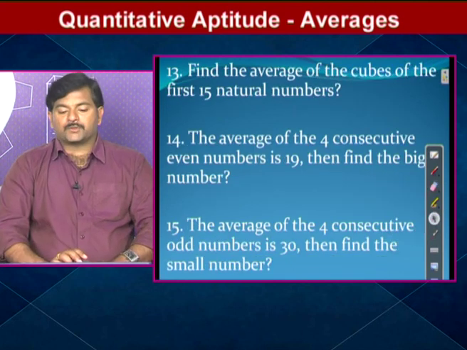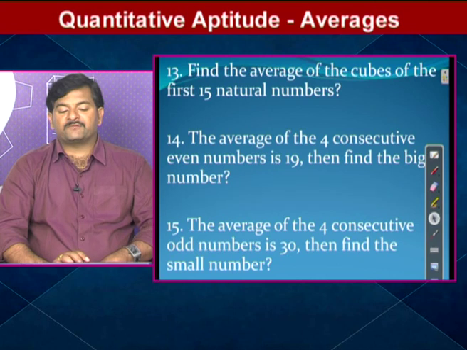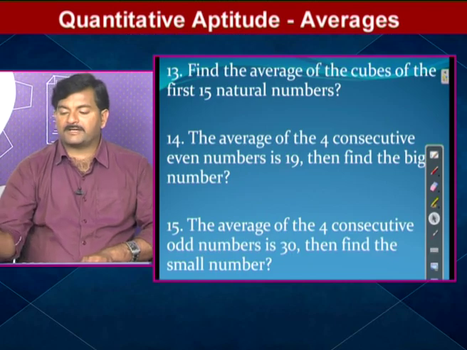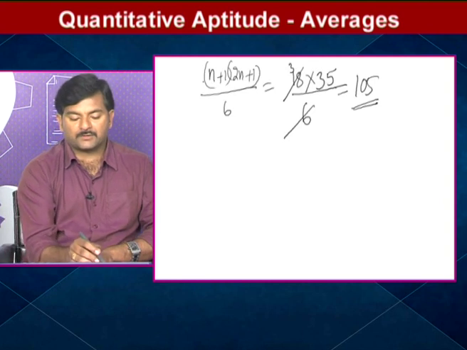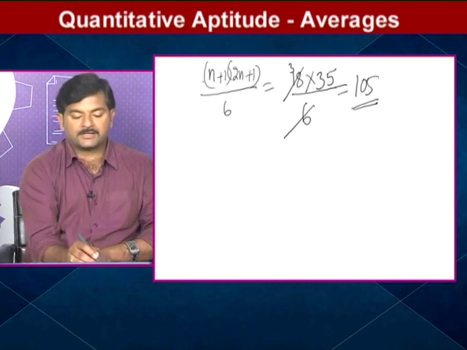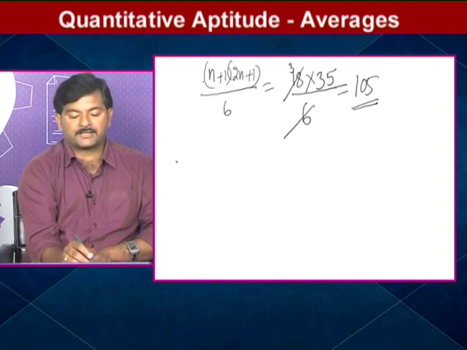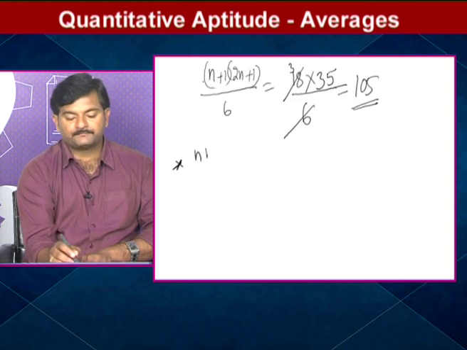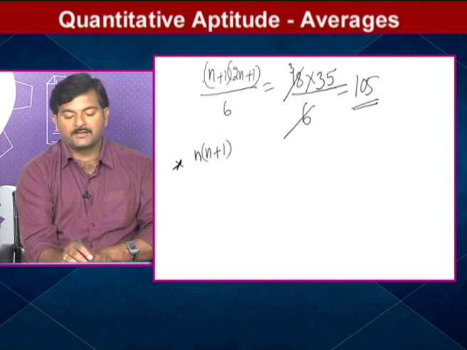Focus on the 13th question. Find the average of the cubes of the first 15 natural numbers. When you are asked to find the cubes, what is the formula? The formula is n into n plus 1 whole square by 4.